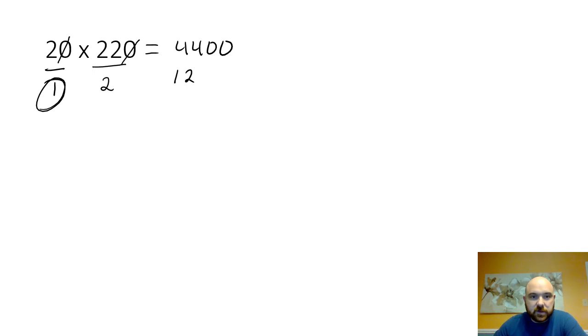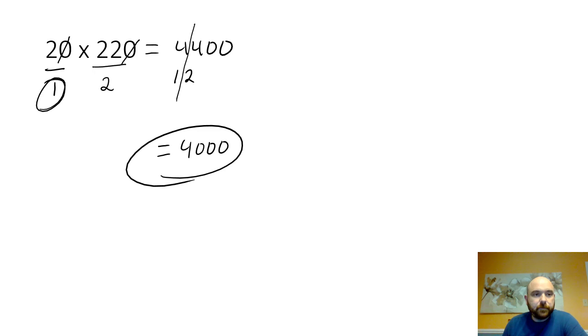Those zeros are not significant because they come after the last non-zero number. And so we are going to round this number at this position here. The 4 will not change the 4 in front of it, but we need to keep our places, so we'll just change that 4 to a 0, and 4,400 rounds to 4,000 if you only want one significant figure.